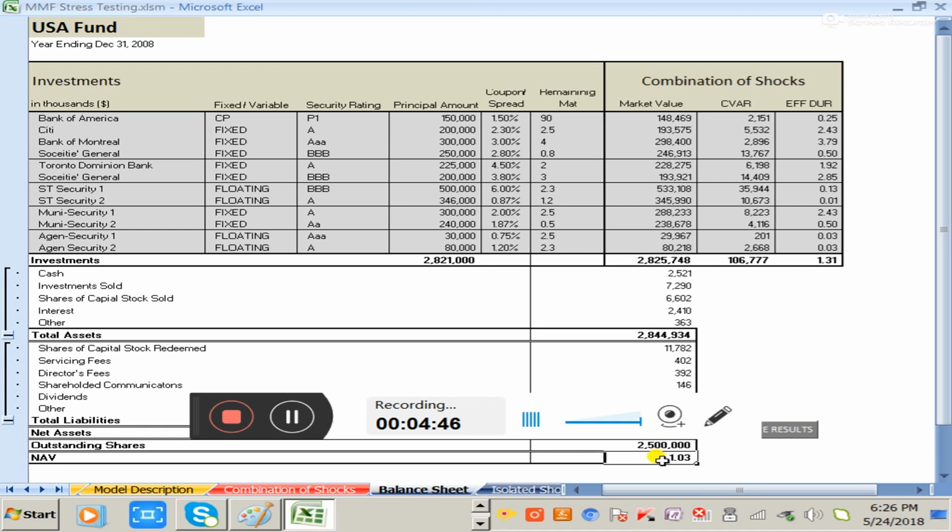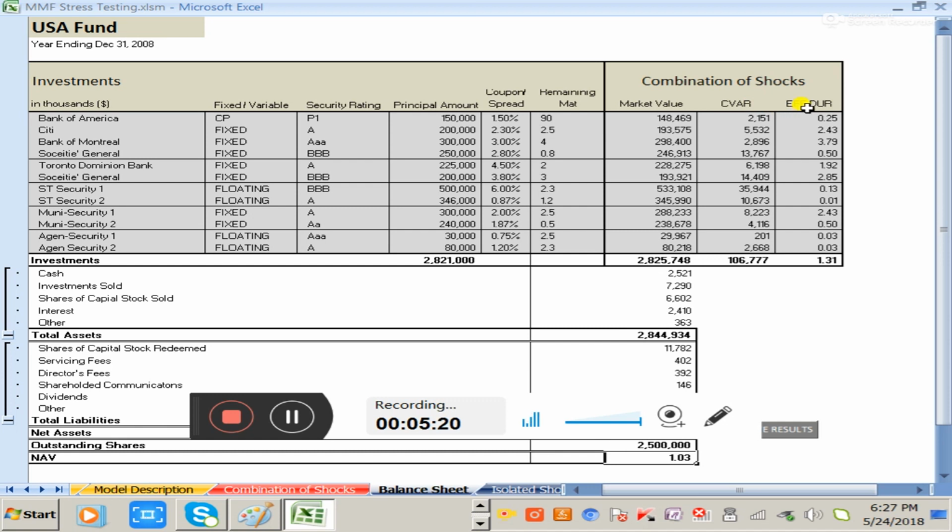The three measures that are output as a result of the stress test are, first, the market value, which is inherent in calculating the NAV. Then you have something called credit VaR, credit value at risk. That is the loss that is expected owing to the default or downgrade of the investment securities. CVaR was introduced by CreditMetrics probably in the late 80s and 90s in order to measure the loss expected out of credit downgrades.